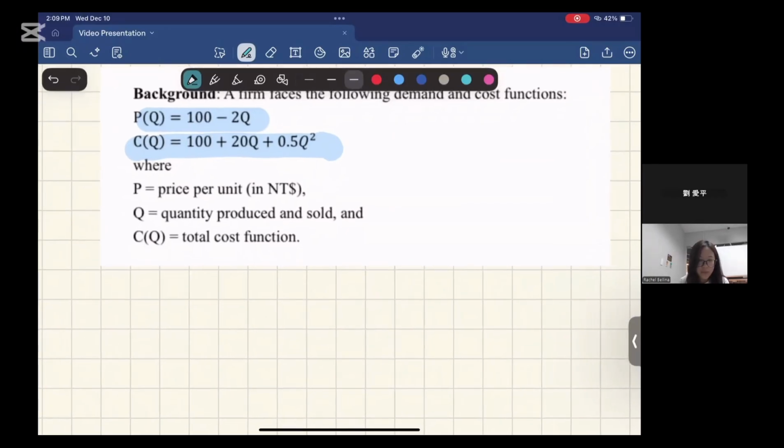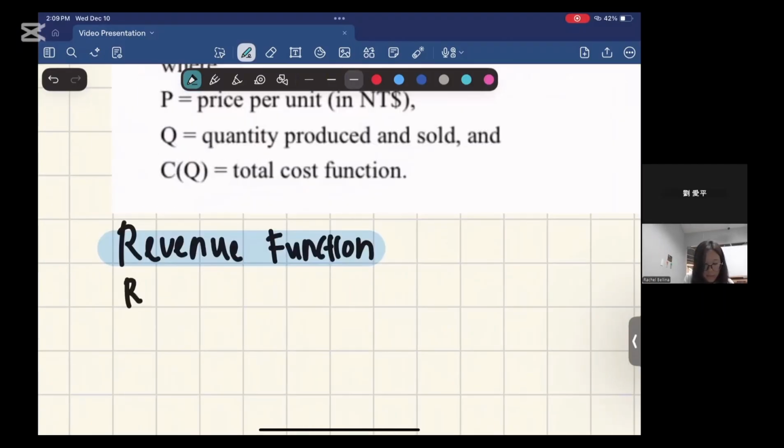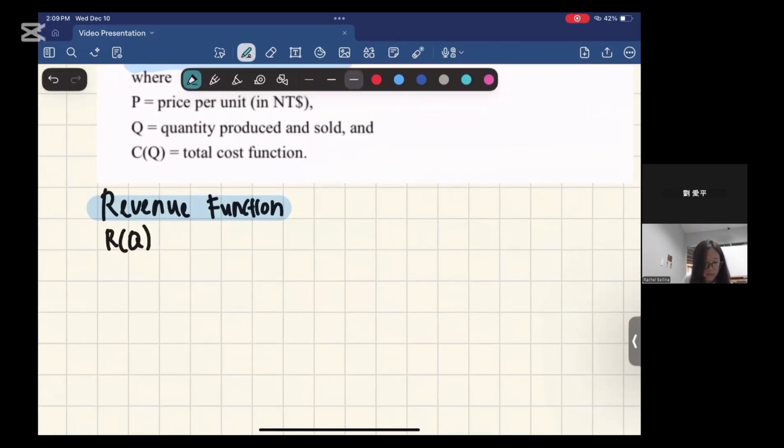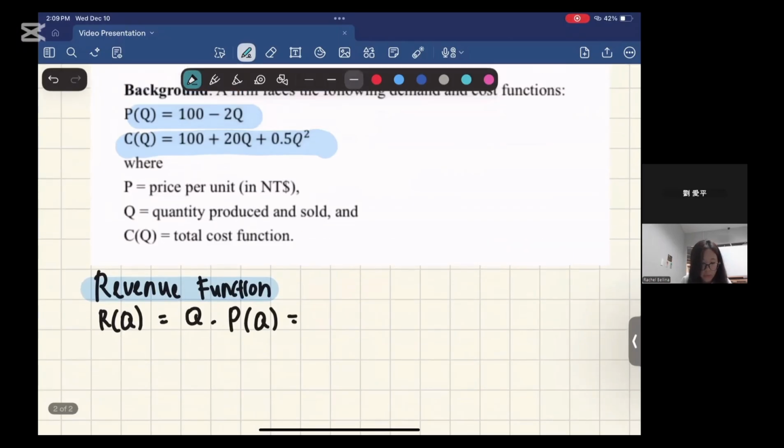So the first thing we need to find is the revenue function. First we write revenue R of Q equals Q times the price P of Q, and that equals Q times (100 minus 2Q), which is 100Q minus 2Q squared.